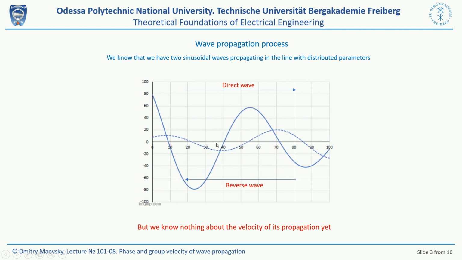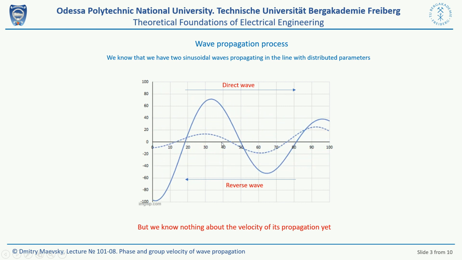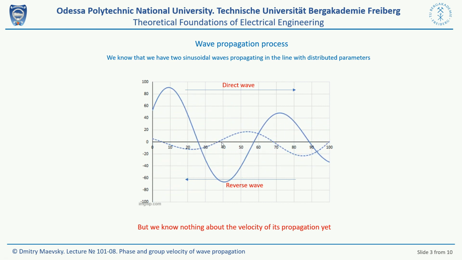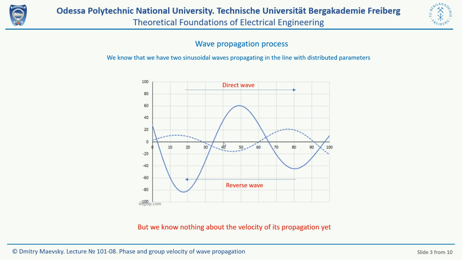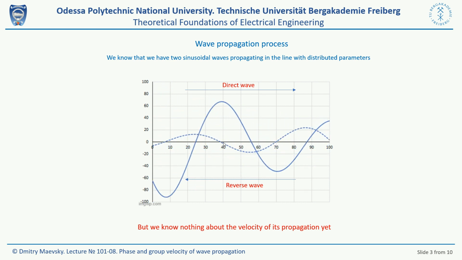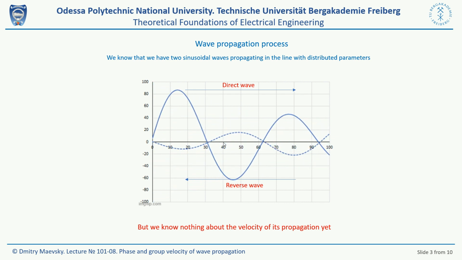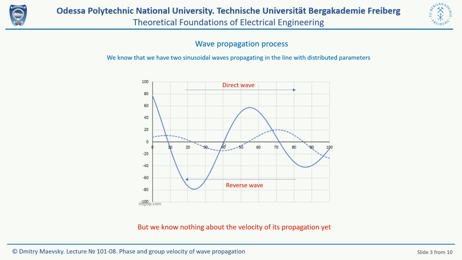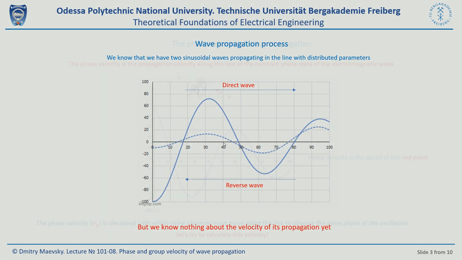But let's remember that the wave process is a damped sine wave, and a certain point of the sine wave is determined by a certain value of its phase. Thus, we arrive at the concept of the phase velocity of the wave.